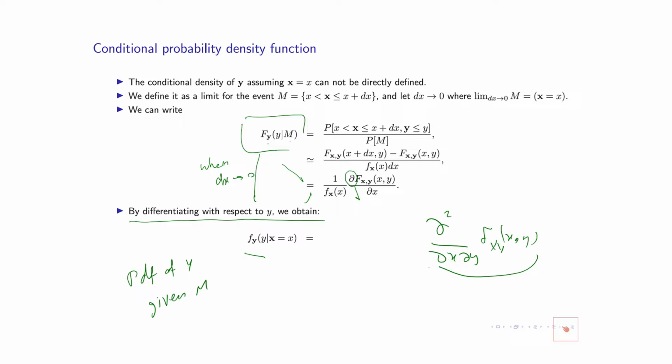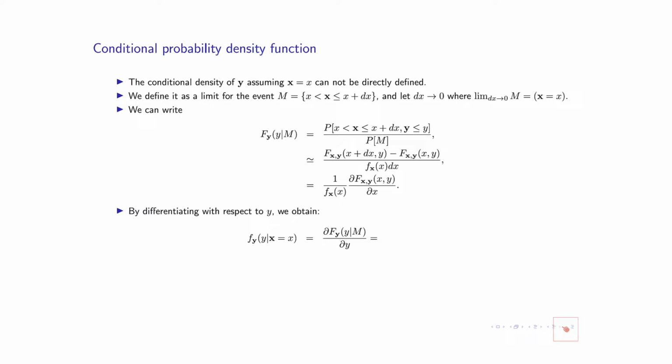So basically, this gives me the joint PDF, f_XY of x and y. So this equation becomes equal to this one, and then I could substitute.